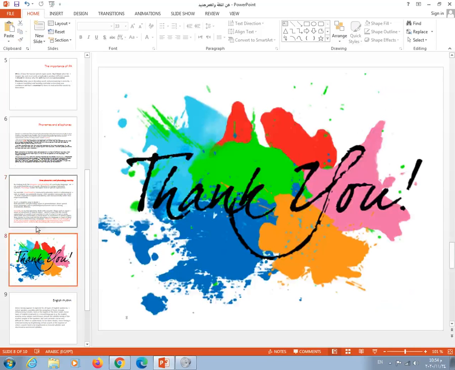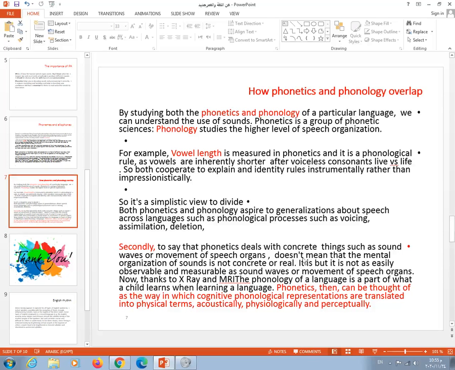Secondly, to say that phonetics deals with concrete things such as sound waves or movement of speech organs doesn't mean that the mental organization of sound is not concrete at all. It is, but phonetics is something we can observe and measure easily.